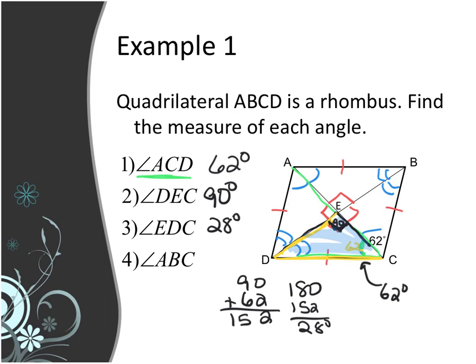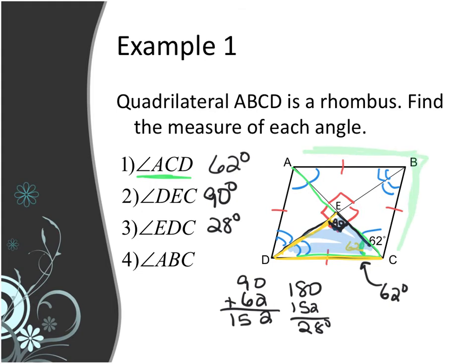Now I could also find the total of this angle here, subtract it from 180, and then divide it by 2. There's lots of different ways you could go about finding these, but that would be one way. And then the last angle they're asking us to find is ABC. And ABC is up here.